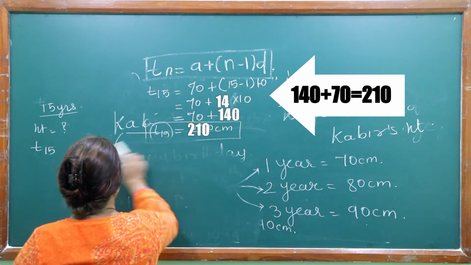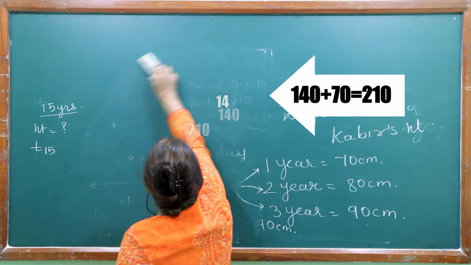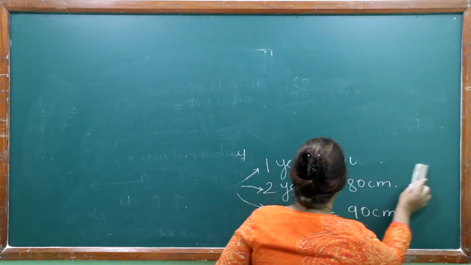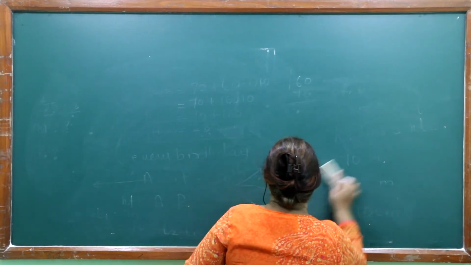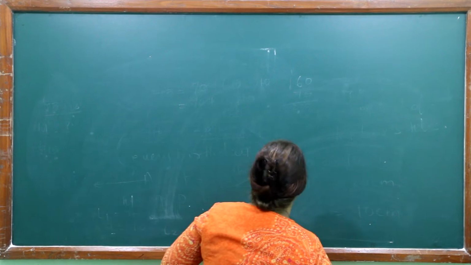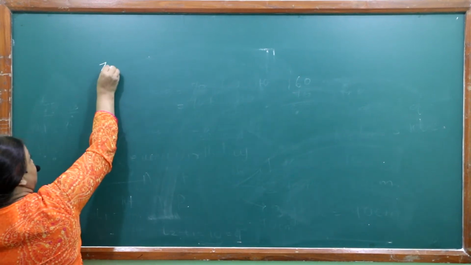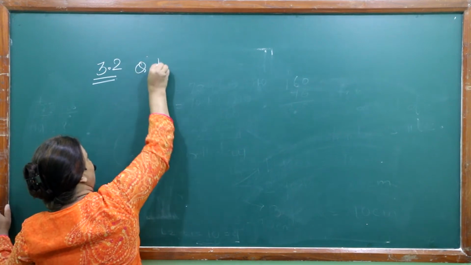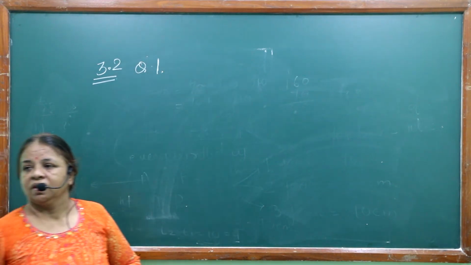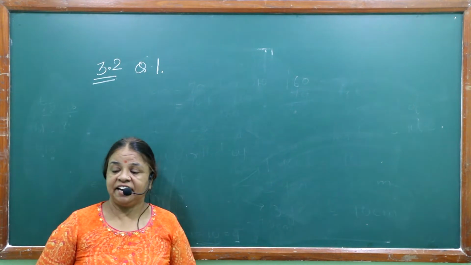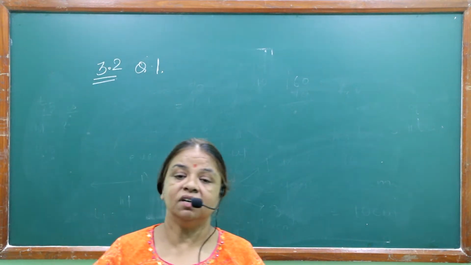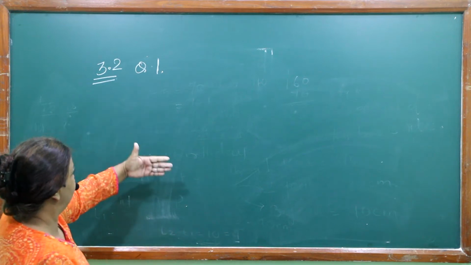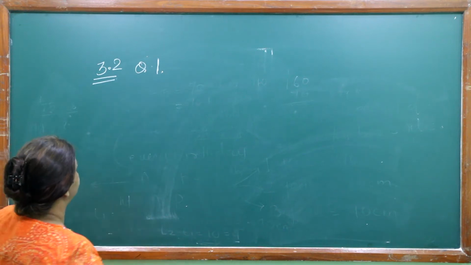Now we will be solving the first question of exercise 3.2. Let me mention here 3.2, question number 1. Write the correct number in the given boxes from the following, which will be written here on the board.